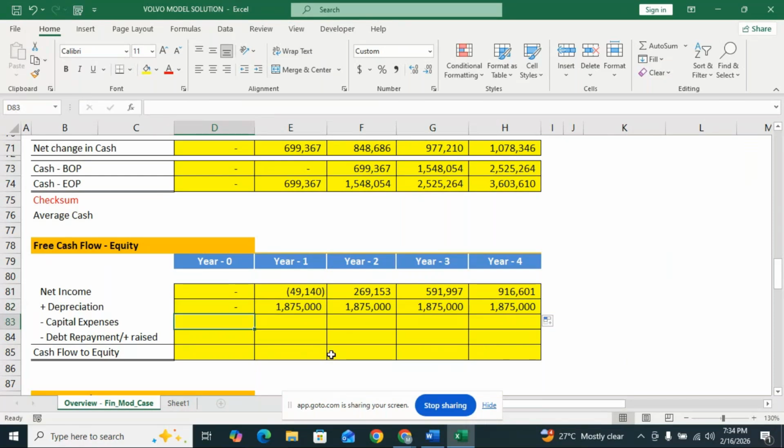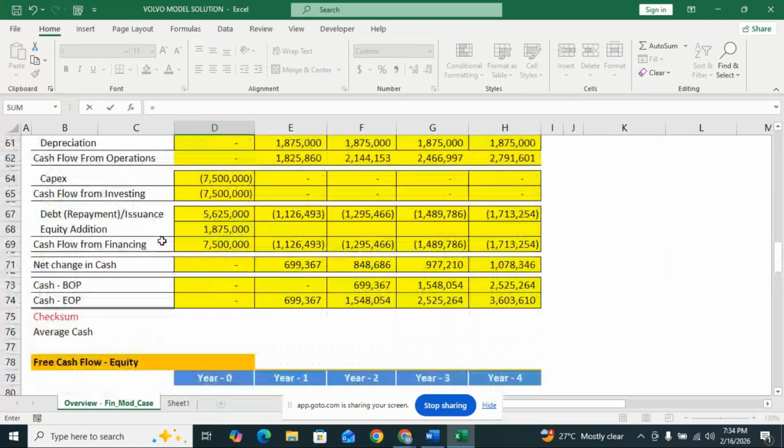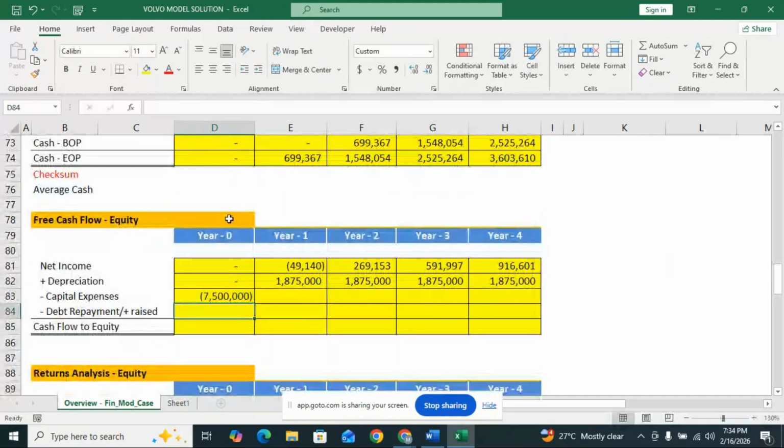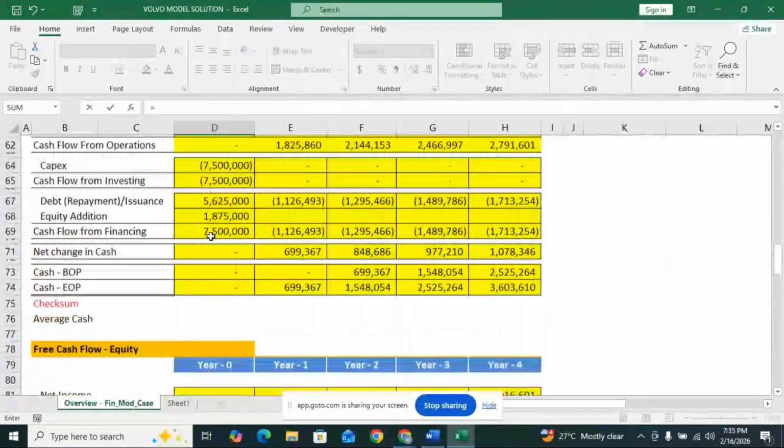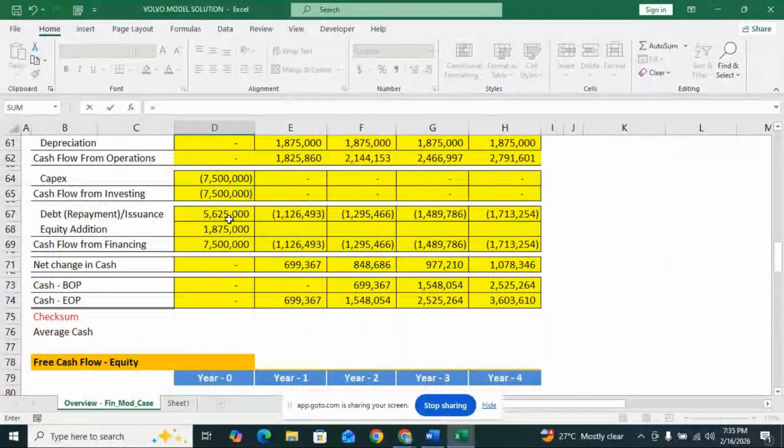Remember, for the first year we had put up the capital expenditure. Debt repayment or raised. So again, equals to, here we only consider the cell referencing. So debt repaid or raised.